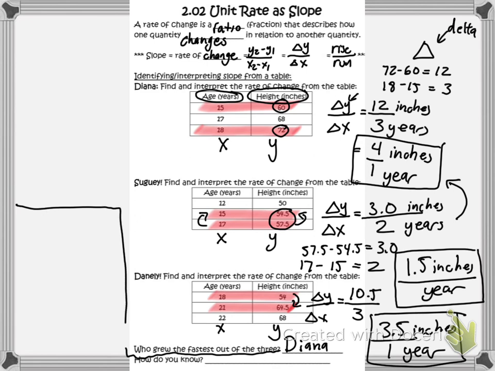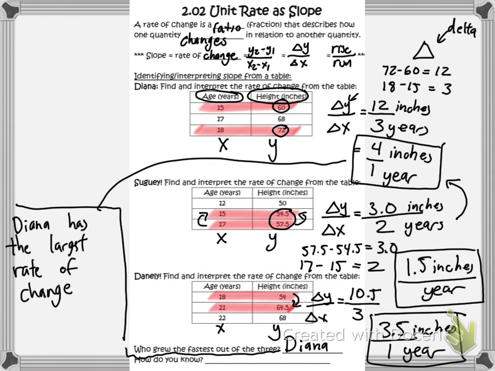How do I know that Diana is growing the fastest? Diana has the largest rate of change. Because each year she's growing, if you look back at Diana, each year Diana is growing 4 inches a year. Everyone else is growing either 1.5 or 3.5 inches.